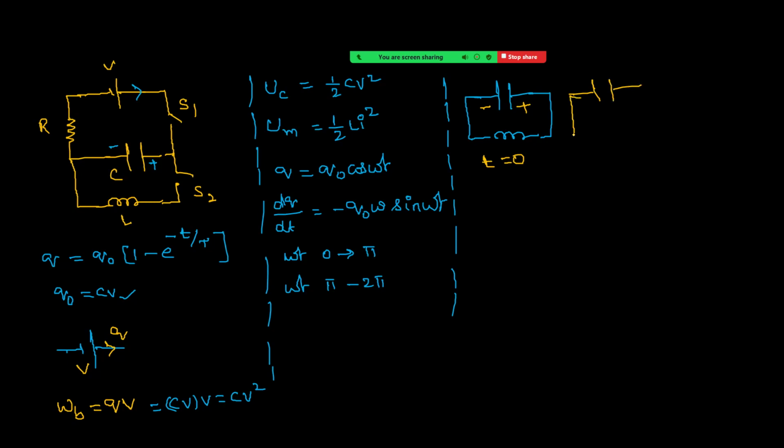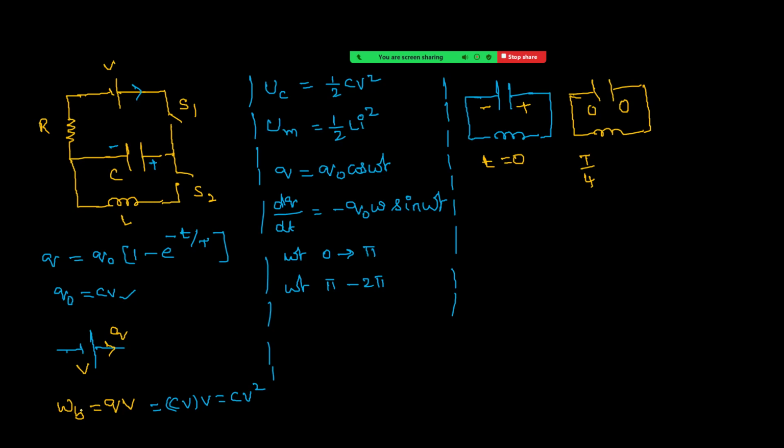Let us say one fourth oscillation, that means T by 4. One fourth oscillation means I'm taking here in the place of omega t, 90. Then see what happens. If I'm taking 90 here, then cos 90 is 0. That means charge on right plate is 0, left plate also 0, right?